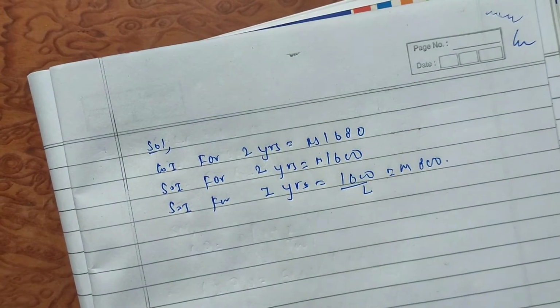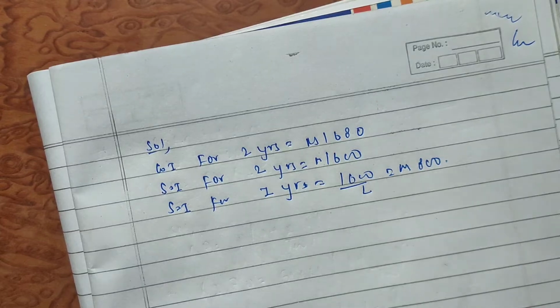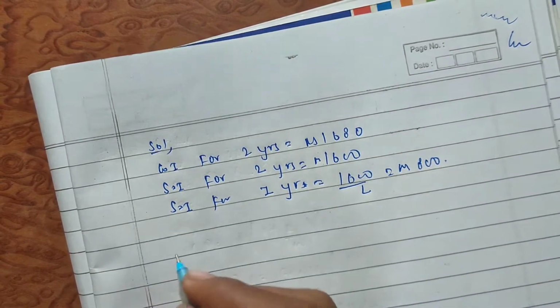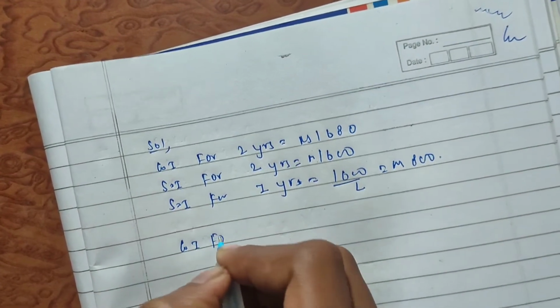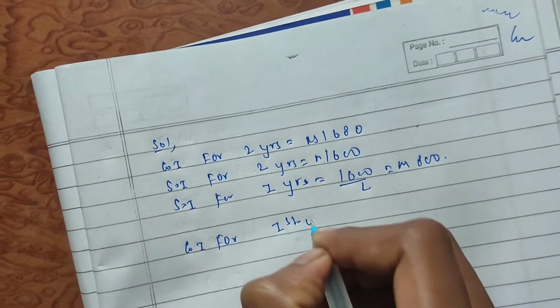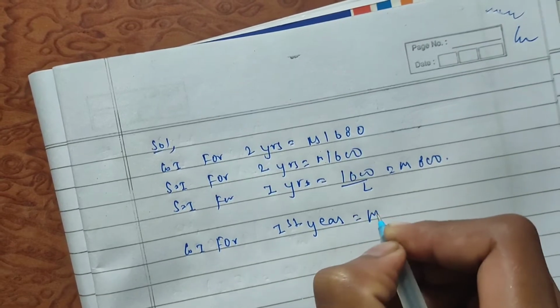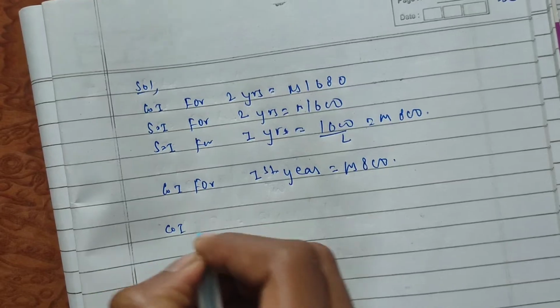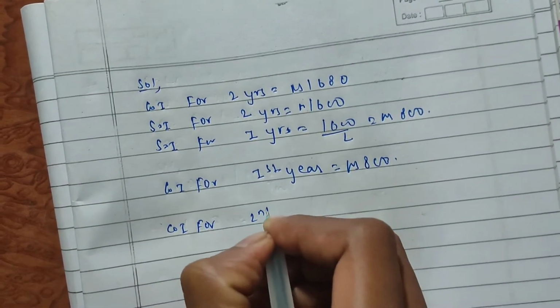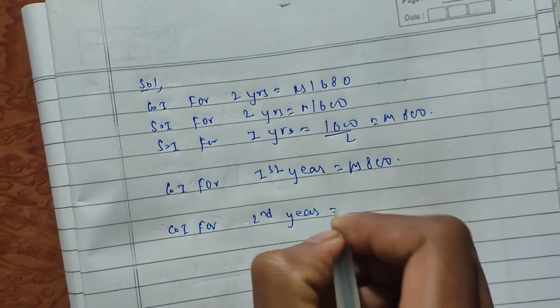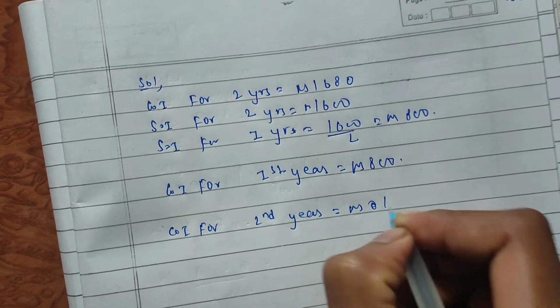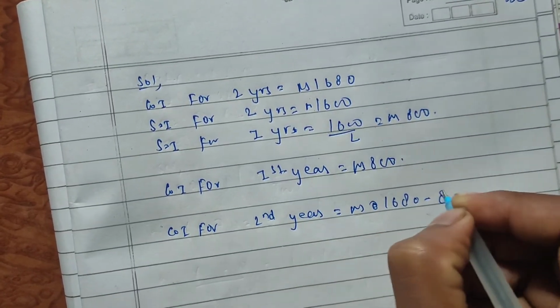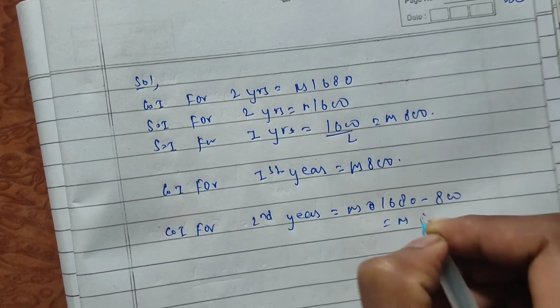And if the principal is the same, the rate of interest is the same, and the time is the same, the compound interest for the first year will also be the same. So CI for the first year will also be Rs 800. Now CI for the second year will be 1680 minus 800, that will be Rs 880.